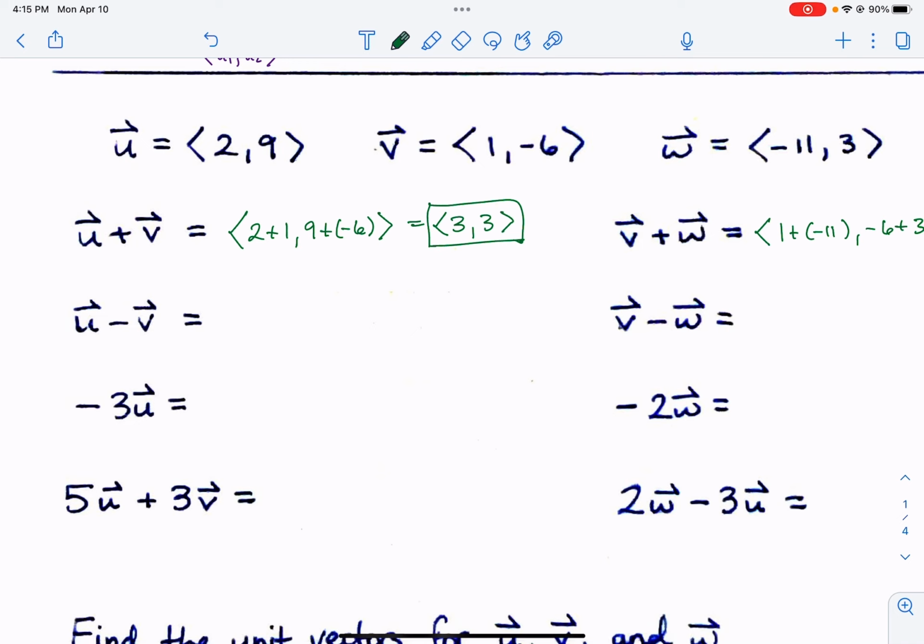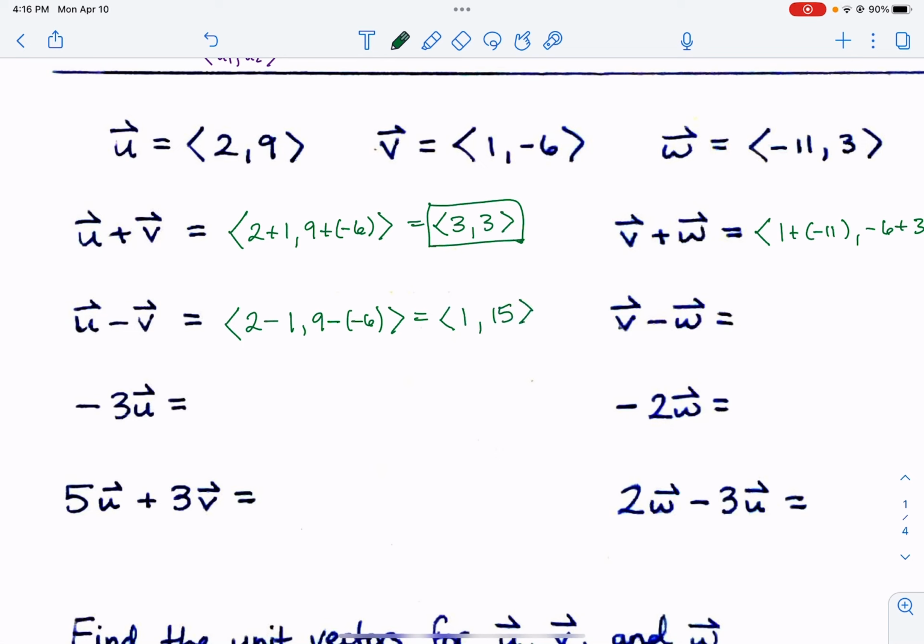Subtraction is pretty much the same thing. So for u minus v, we would do 2 minus 1, and then 9 minus negative 6. Notice how it's pretty much the same as last time, except we got a minus symbol there.